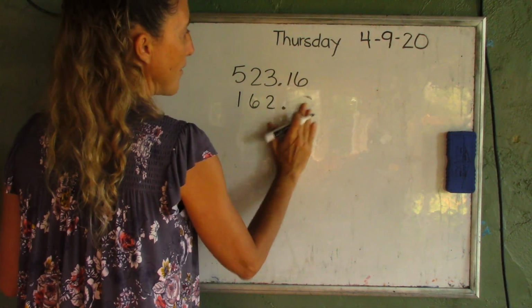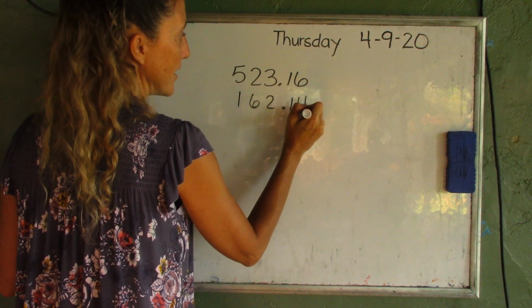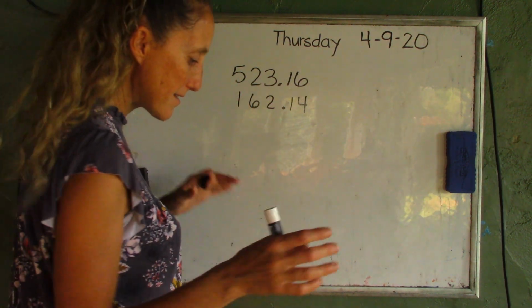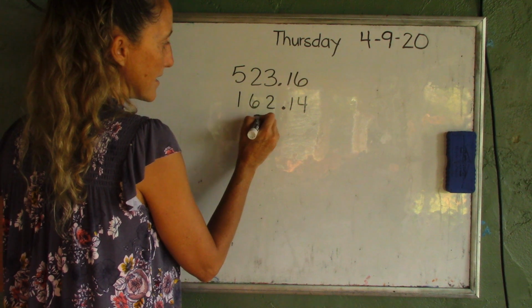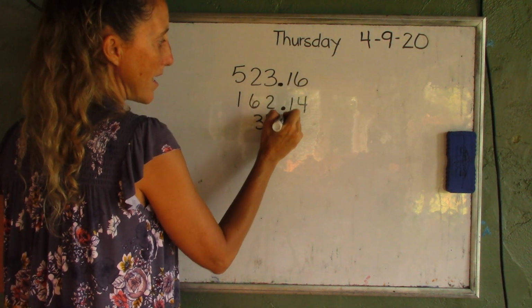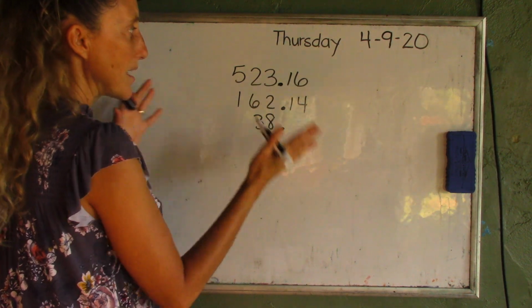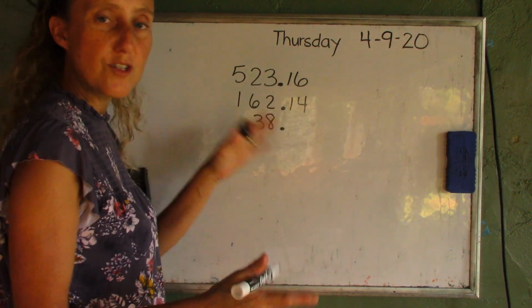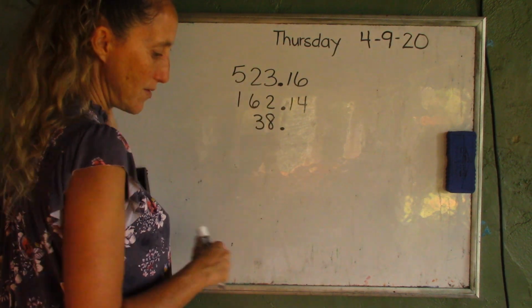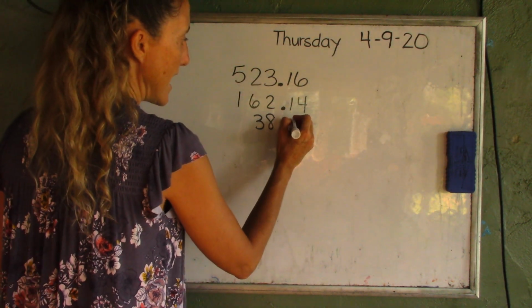Ooh, you want to write it right under so you don't get confused. Each one, they have to be lined up. Okay? And the last one is $38. And you have to line up these decimal points, right? Line up the decimal points, and line up the numbers, because if you don't, you'll get a whole different answer. You have to have everything lined up, which we've talked about before, but just reviewing.